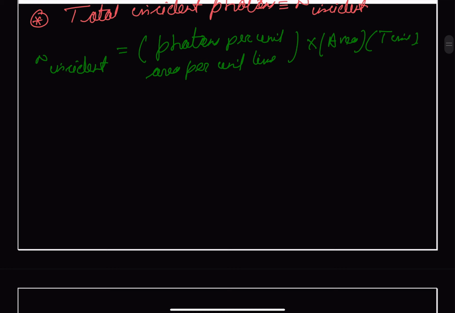We are given 10 to the power 16, the area is 5 into 10 to the power minus 4 and the time is 10 seconds, and this comes to 5 into 10 to the power 13. So these are the number of incident photons.